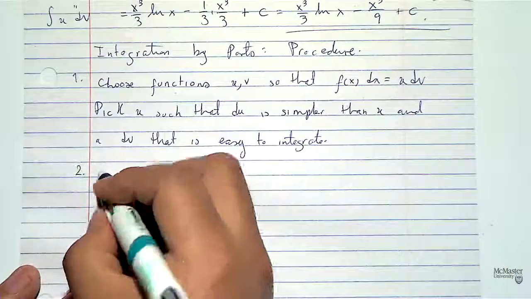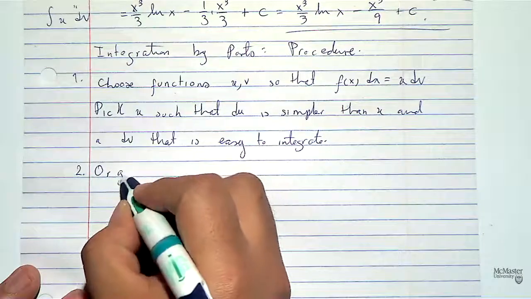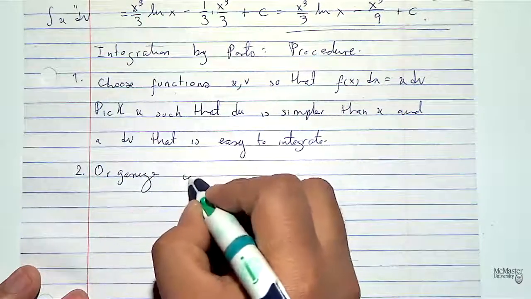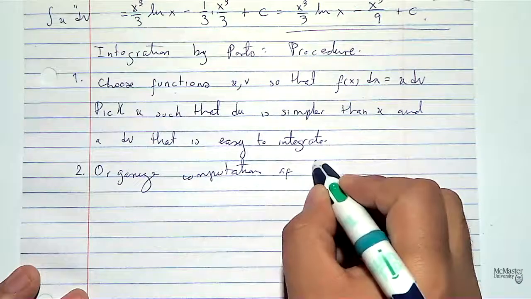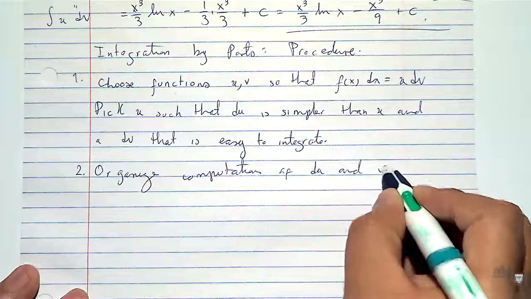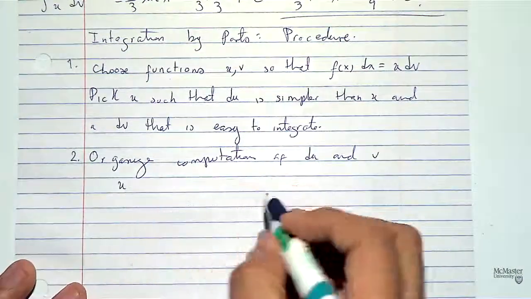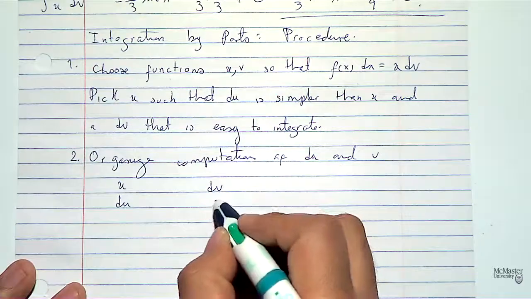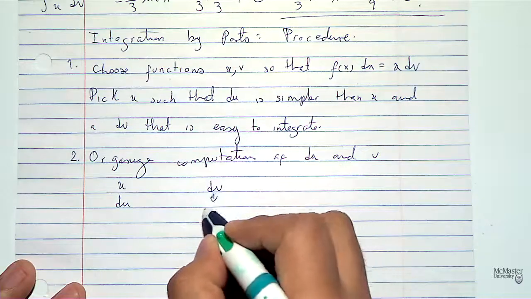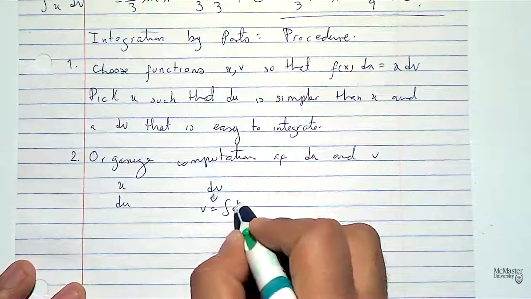The second step is to organize the computation of the u and b, in the sense that you keep track of what is u, what is du, what is db, and therefore what would be b, which is the integral of db.